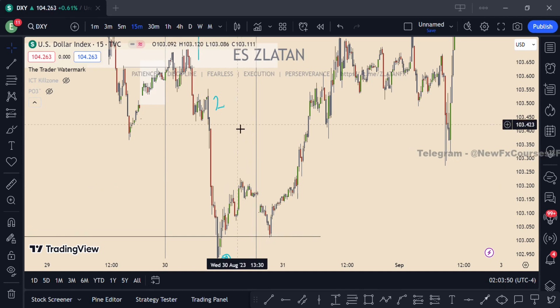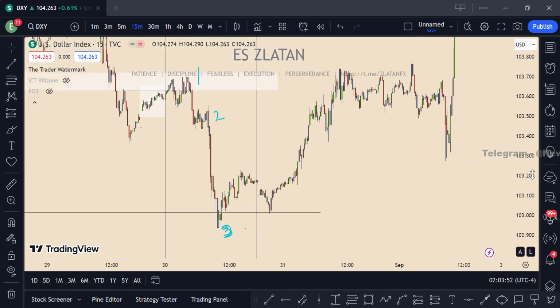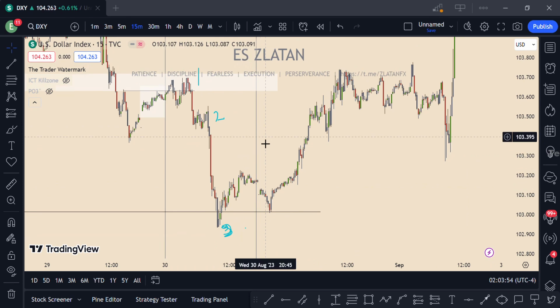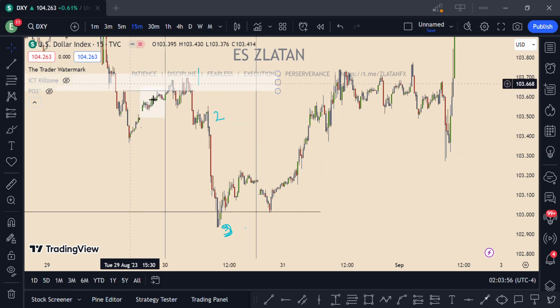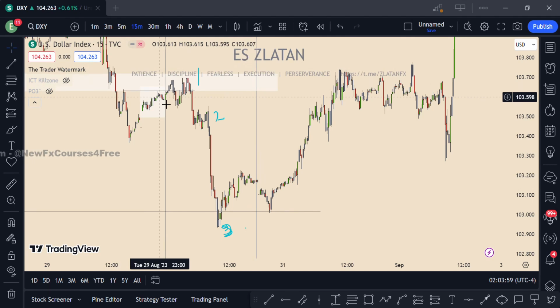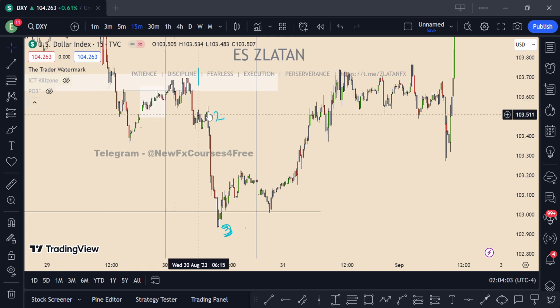That's how you frame your idea with the open, high, low, close, or open, low, high, close, right?